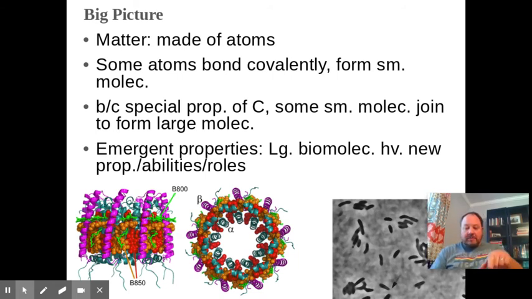Looking back at rhodopsin, there's another image of rhodopsin from the first slide. The cool thing about rhodopsin is it is a photopigment that absorbs light energy, and that light energy can power different processes. Originally, rhodopsin evolved in soil bacteria, like you see in the bottom right-hand corner of your screen.